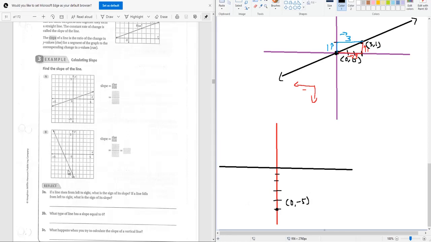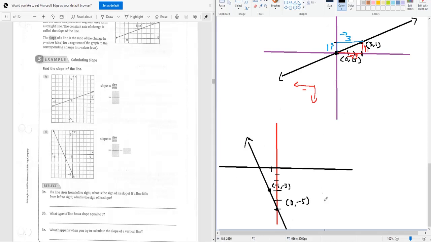And then this is, what is that? 1, 2, 3. So that's -1, -3. Something like that. Cool. Make a line through it.